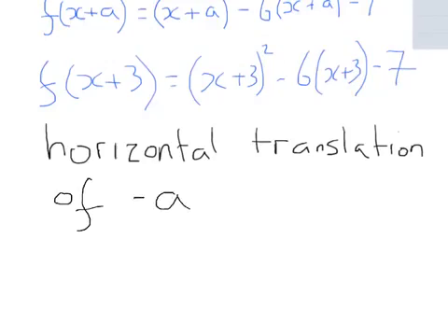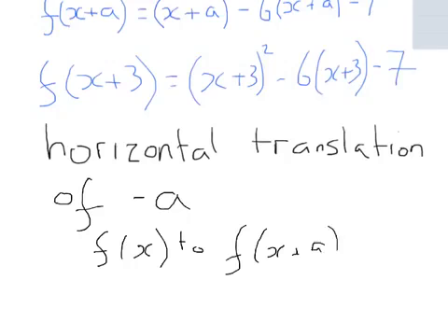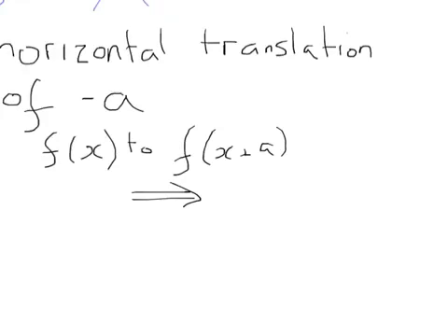So if I was going to write this in a vector form, vector notation, to get your transformation from f of x to f of x plus a, that would become, in my vector form, we'd move in the x direction minus a, and obviously in the y direction nothing. So that's what this would be as our answer. That's how we're going to describe it. And that's our first two transformations that we're dealing with.